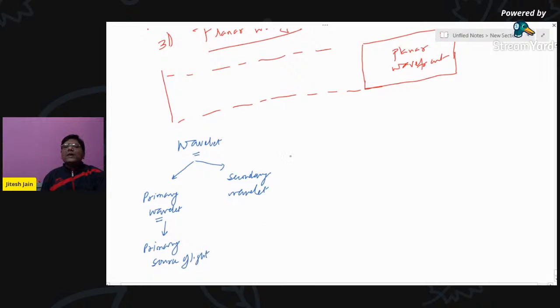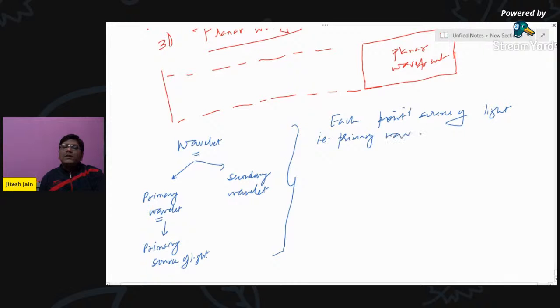So what is his theory? As per the theory of these wavelets and the wavefront, he says that each point source of light, that is the primary wavelets in the given wavefront, will act as a source of secondary wavelets.